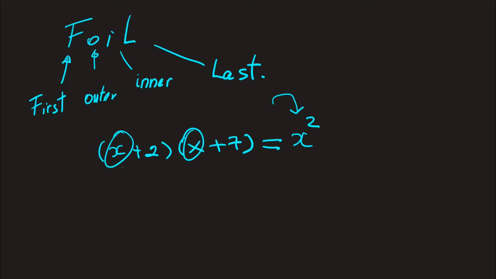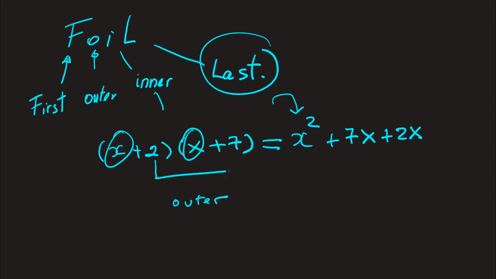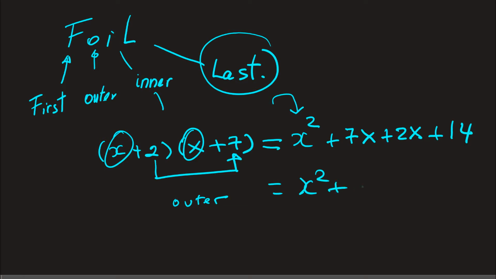Outer, multiply those both outer, and you will find 7x. Inner, multiply those both here. And then last, multiply the two last terms. And you are done. Then add.